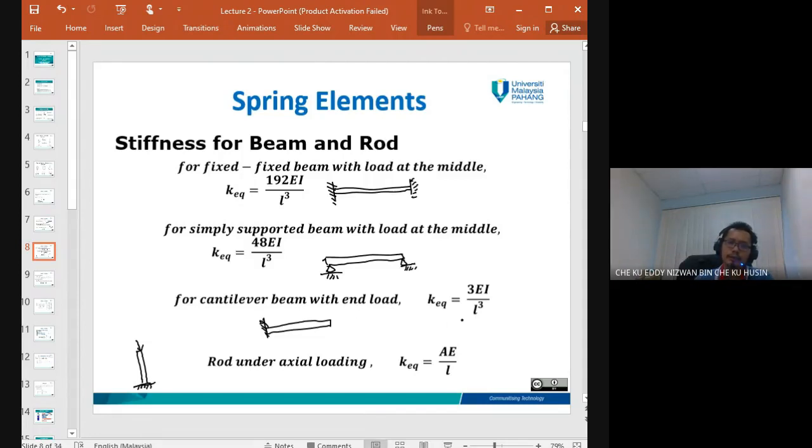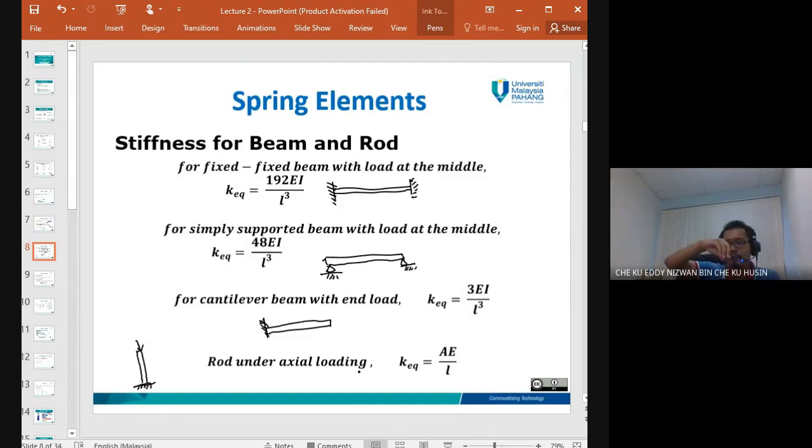The polar moment of inertia depends on the geometry. And if you want to consider the motion in the vertical direction, the equivalent stiffness for this system, you can just refer to the K equivalent under axial loading.